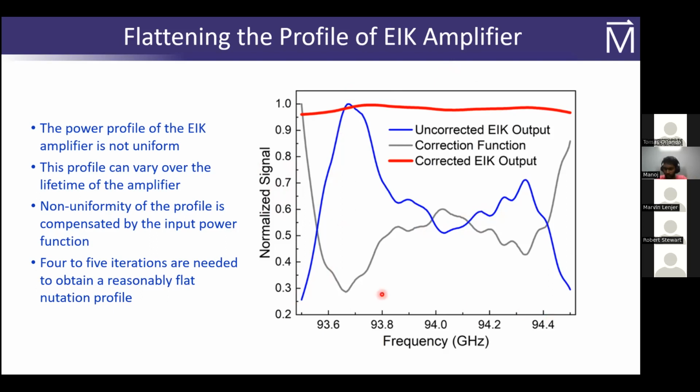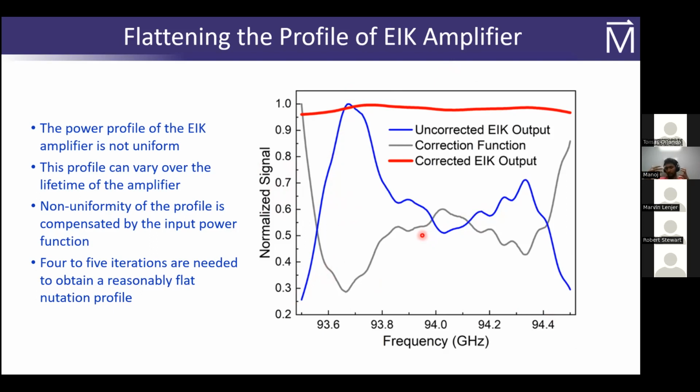So with the AWG, we can compensate for this by giving a different microwave power for different frequency. As a first guess, we just took the reciprocal of this blue function. Then we measured the output from the EIK.